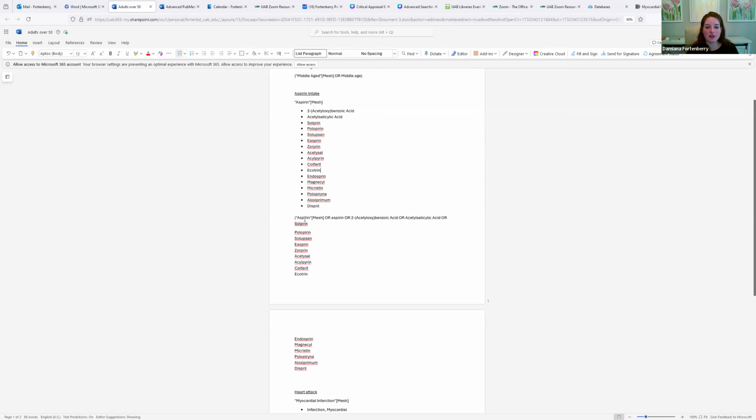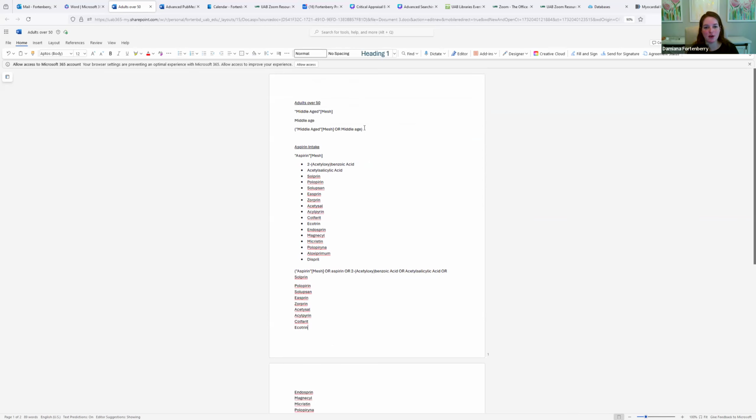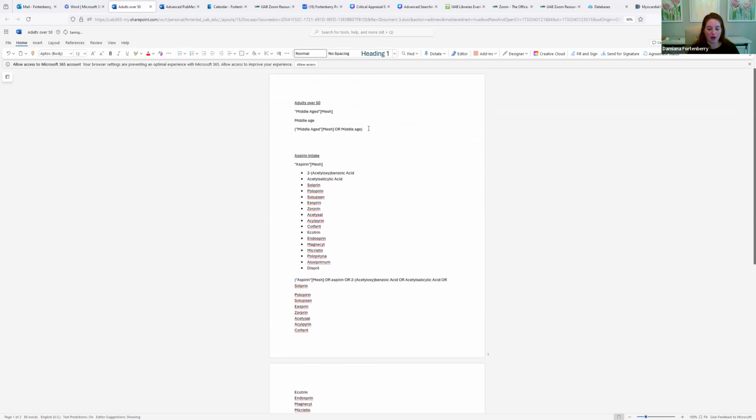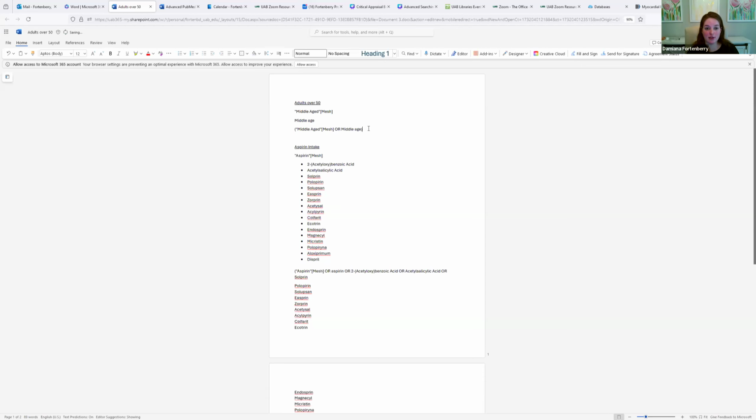Whenever I have all these concepts organized, like there's OR between the words and they're in the right format and everything, and there's closed parentheses, just like up here, I will then connect them with AND. So I would have something like this middle-aged concept and our aspirin concept, etc., with our MeSH term, and our heart attack concept.